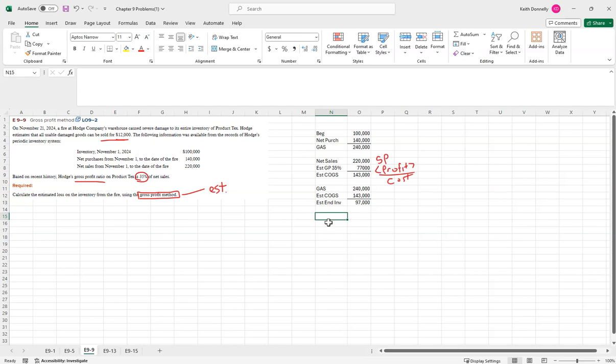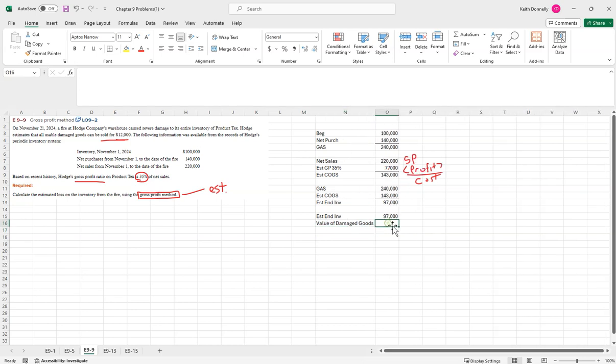On top of that, if that's our estimated ending inventory, we know from there that essentially we could sell the damaged stuff. So the value of damaged goods is $12,000.